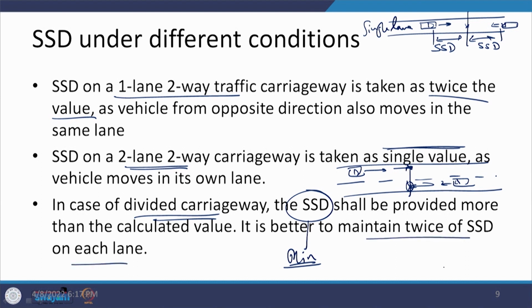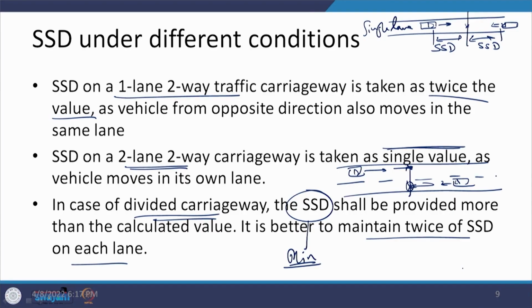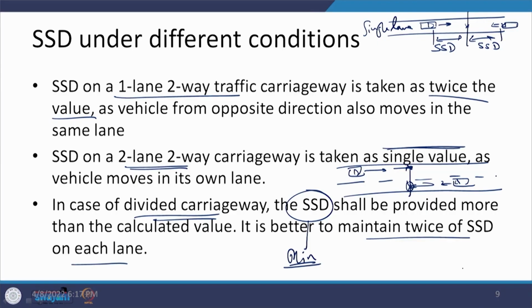The reason being, all of these vehicles on the divided carriageways will be moving at very high speeds of 80 or 100 kilometers per hour, and if a vehicle ahead has stopped, because of these high speeds the driver will not be able to visualize it better and see whether that vehicle is moving or not. So, to create a better condition of safety, we can provide twice the SSD on such lanes, but the minimum will always remain equal to SSD.